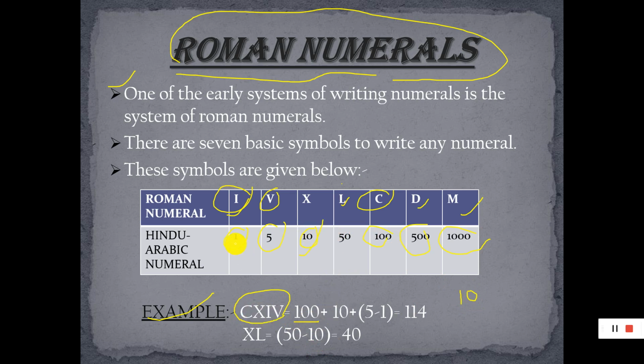I stands for 1. And IV is called 4, so you can directly write 4. Now add these things.